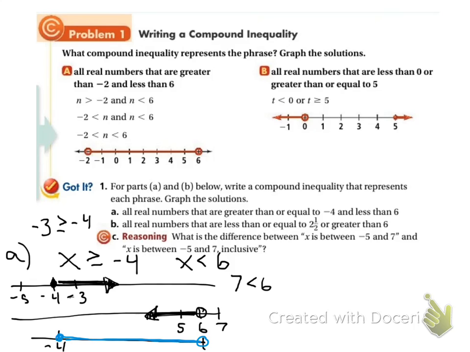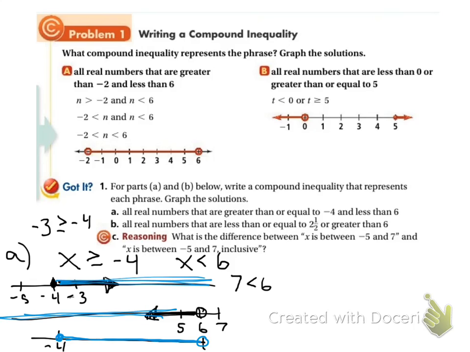I'm overlapping them and sticking them on top of each other, because this guy goes on forever this way, and this one goes on forever this way. So when I overlap them and I need to make both of those true, I keep both of my endpoints and I just have that middle chunk.